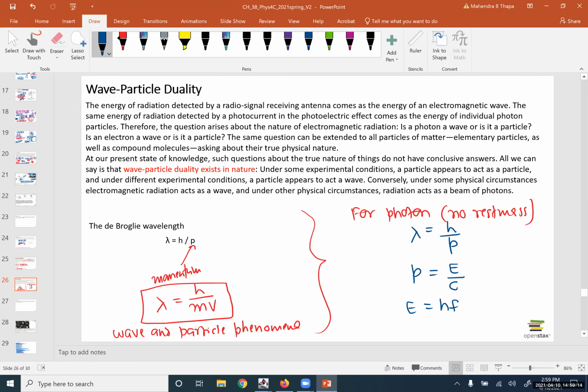We get this equation from relativity, for relativistic particles. So we have to combine these three equations in the case of a photon.